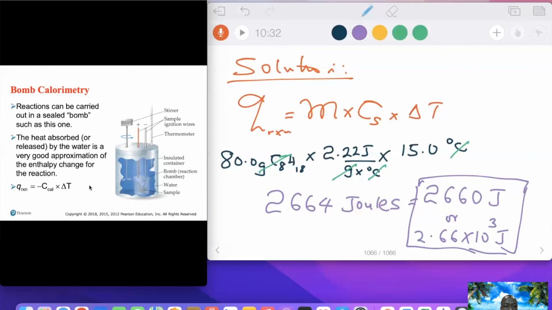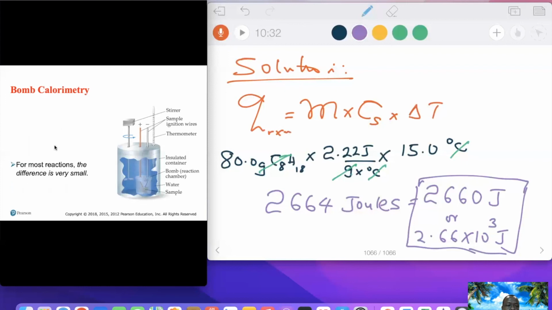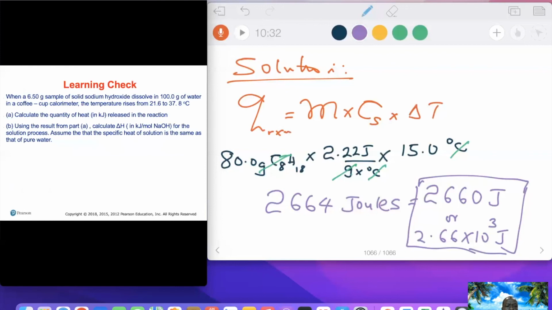The negative here is because either heat is given up or released, absorbed will always be negative. Just look at that. Let's look at this example again.